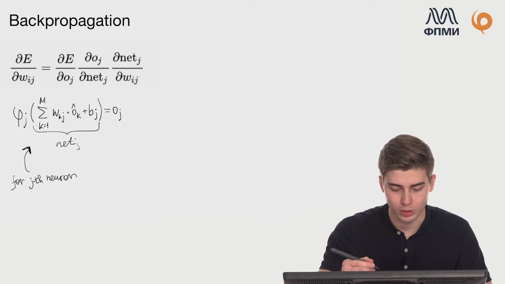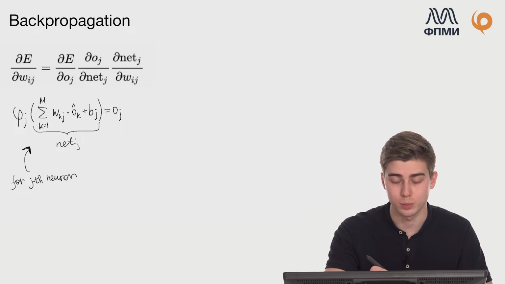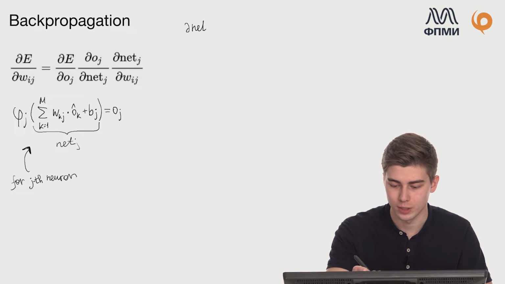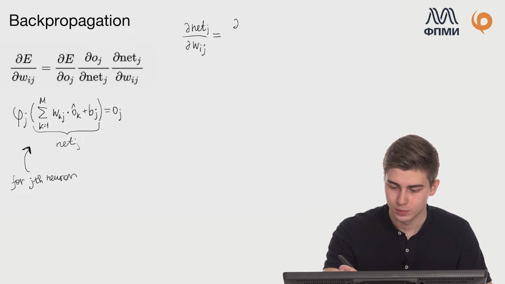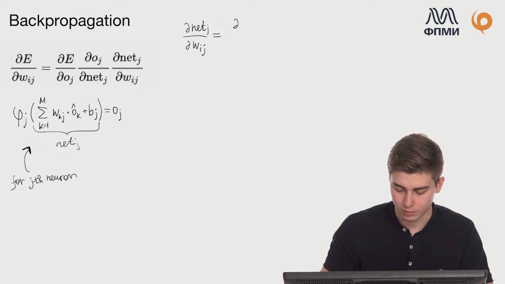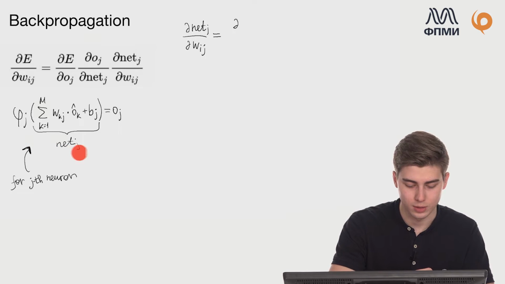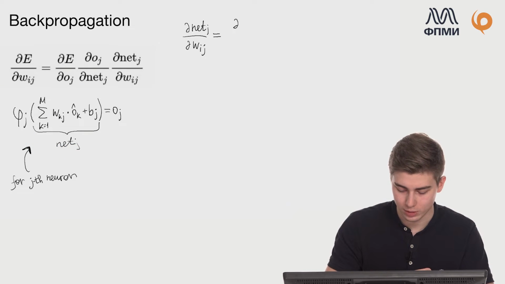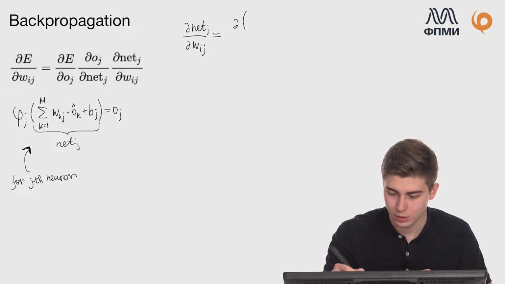Let's continue to uncover the terms of this expression, and we will start with the partial derivative of net_j with respect to w_ij. We have net_j in this form, and we can write it in the same form.